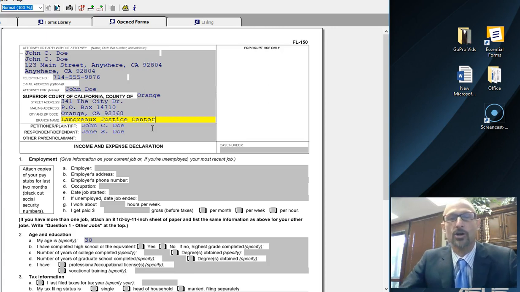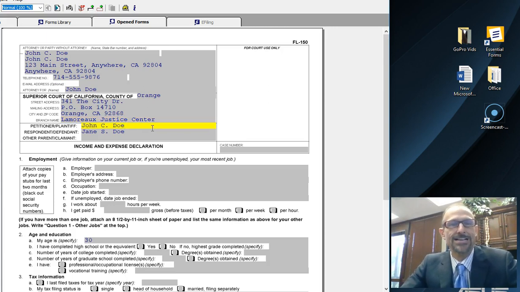I don't know. It could also be Central. It could be Southeast. There's a Southeast court in LA. There's a South court. Anyway, just put the proper name in there. The Orange County Family Law Courthouse is Lamoureux Justice Center, for example.